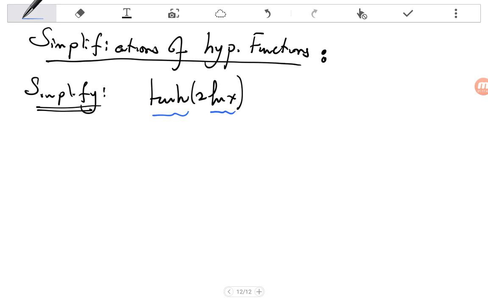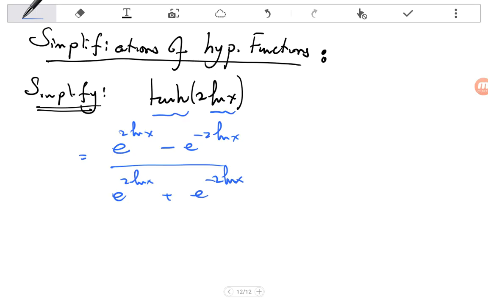Because hyperbolic functions were just exponential functions. So whenever you put a ln function inside exponential functions, you will have some simplification. Okay? So for this expression, we may expand it like this. I just write it as e power 2 ln x minus e power minus 2 ln x over e power 2 ln x plus e power minus 2 ln x.